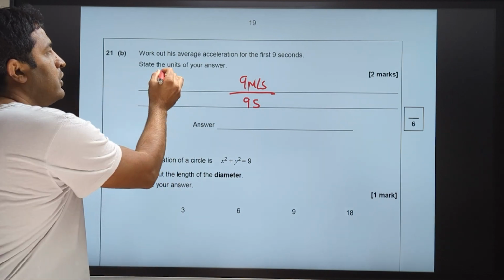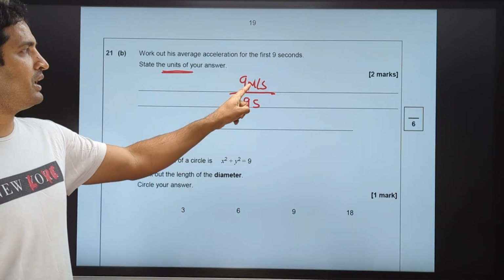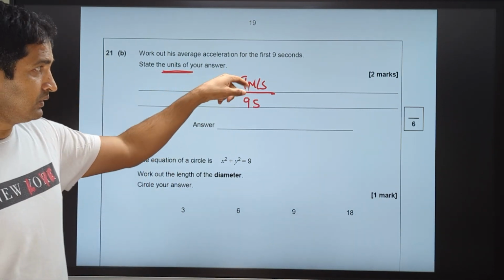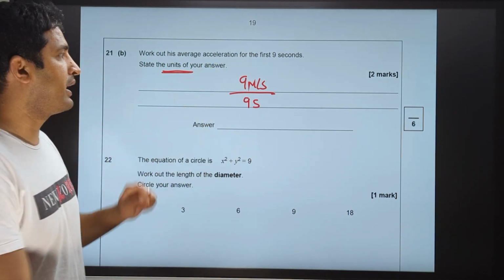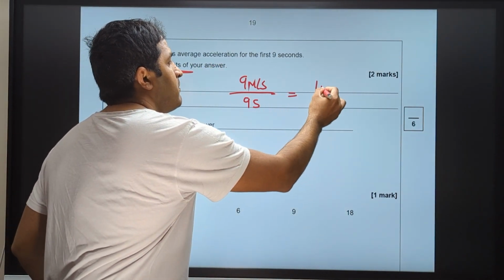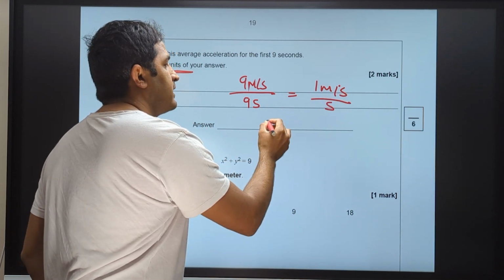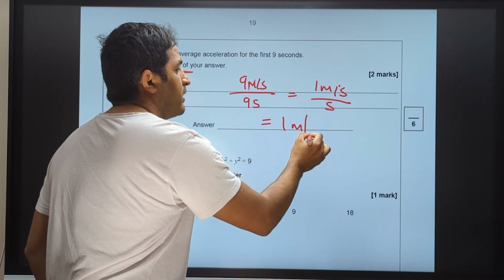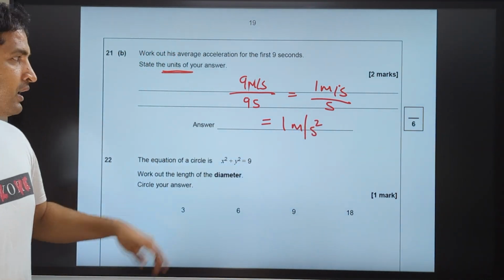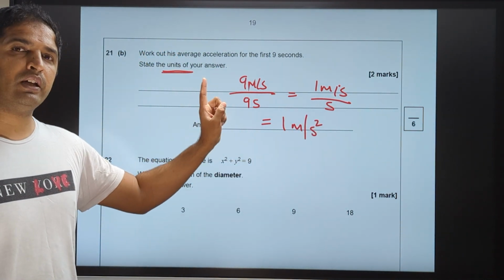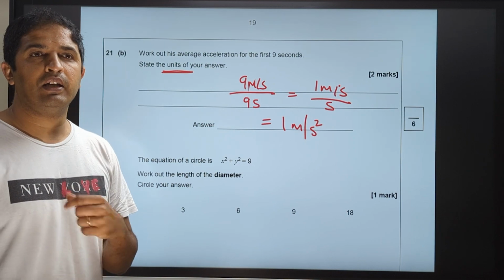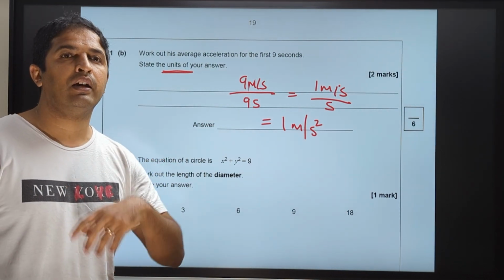Take your units of those answers: 9 meters per second, and seconds is underneath. 9 divided by 9, we get 1 meter per second per second. What it means is you get 1 meter per second squared. So the speed is going up by 1 meter per second every second.